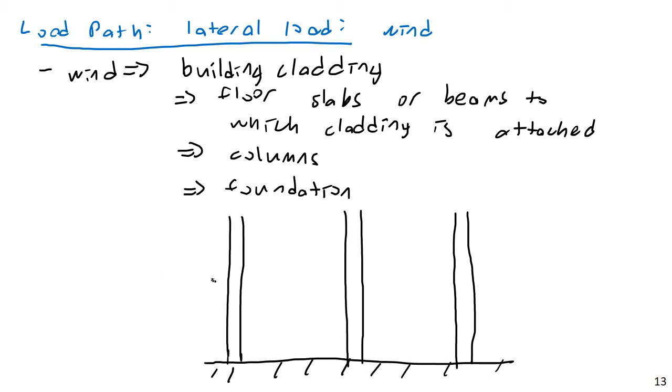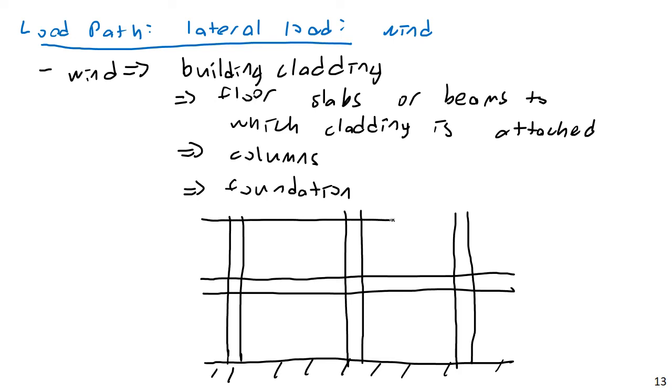And then we have a floor slab here. You could consider the floor slab directly distributing lateral load to columns, or you could consider it doing it via beams. But let's say this is a simple 2-story building. Big old thick concrete floor and roof slab.